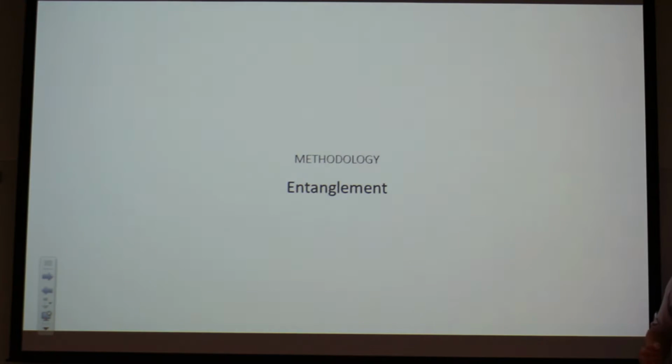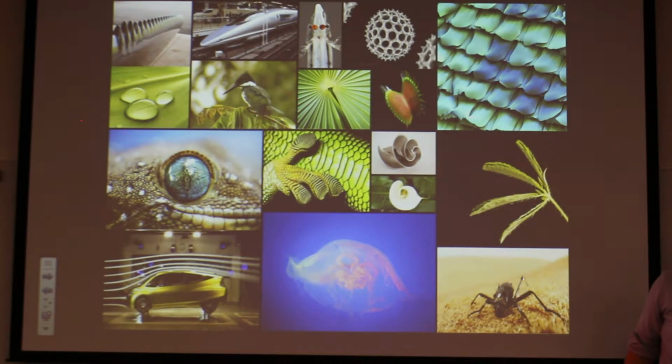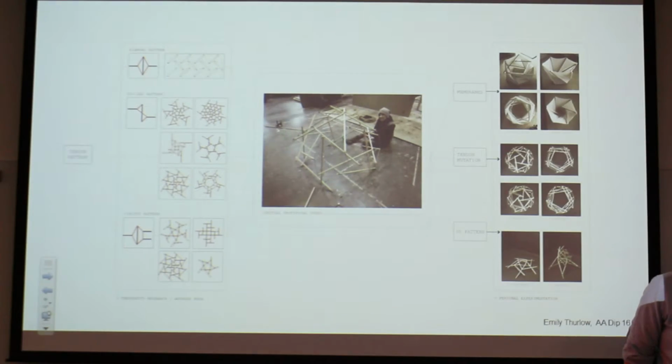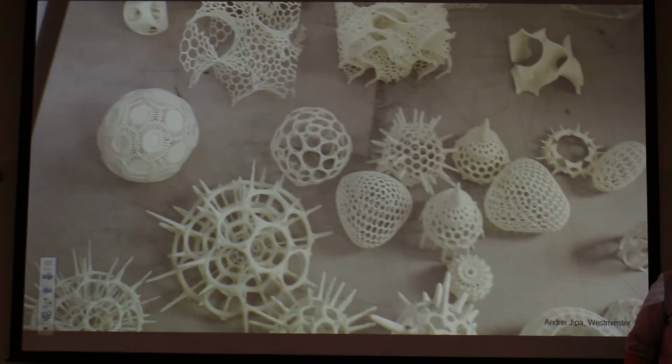And so we'd like to work in a similar way, and we will go through a series of phases, starting with entanglement, where we get to grips with biomimetic principles and find inspiration in natural phenomena. Literally entangle ourselves within a process or the logic of a system in order to extract the useful parts for our projects.